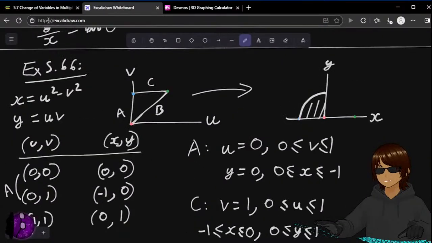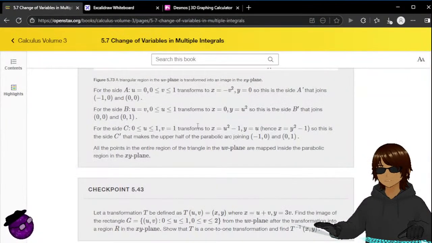This is for side C, right? Transforms this. So this is side C prime. That makes the upper half of the parabolic arc joining (-1, 0) and (0, 1).